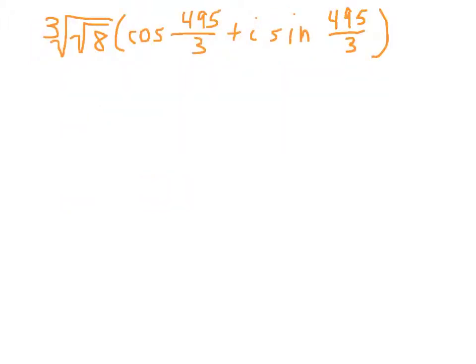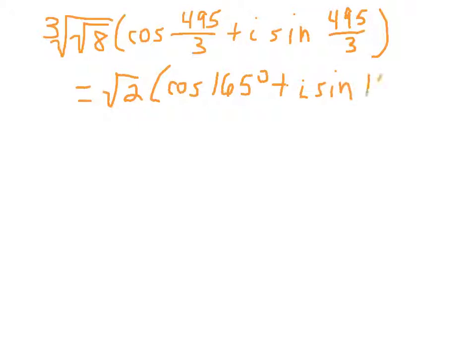The second root is found by taking the cube root of the square root of 8 times the cosine of 495 over 3 plus I sine of 495 over 3. We get the 495 by substituting 1 in for k. So I have 135 degrees plus 360 degrees, which yields us the 495. Simplifying this, I'm going to get the square root of 2 times the cosine of 165 plus I sine of 165.